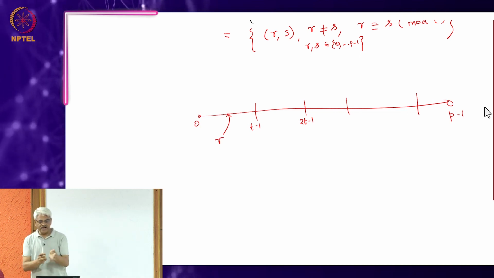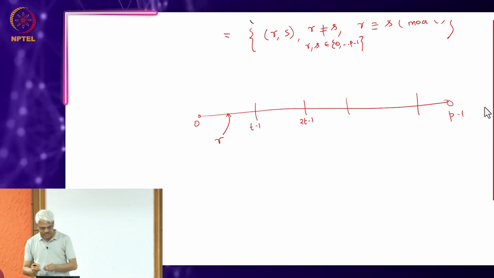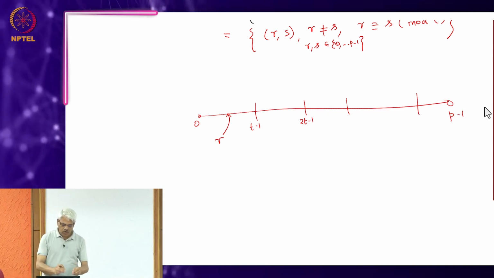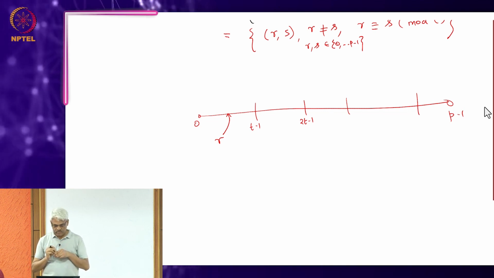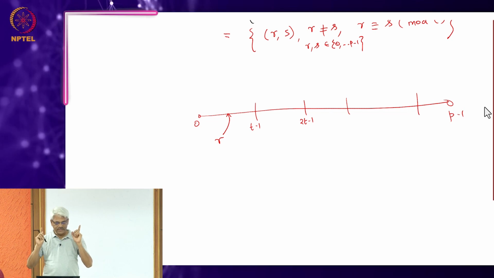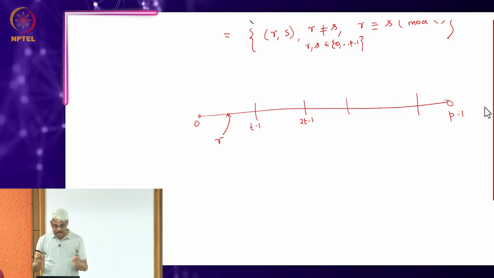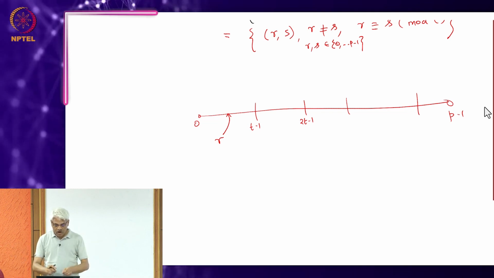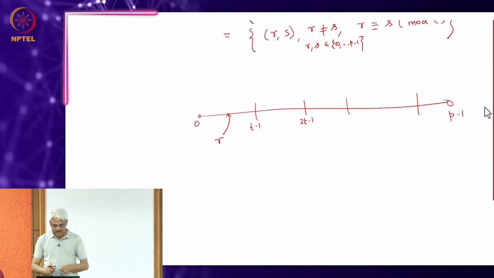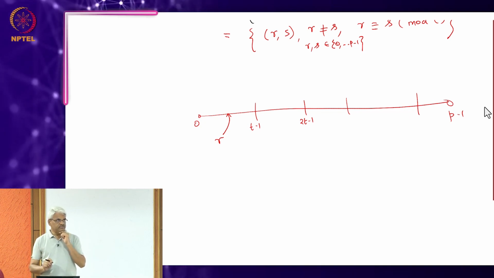Let us fix R. R has p choices, any of the 0 to p minus 1. How many S's are congruent to R? No. Let us be careful. R and S are distinct in the mod p world. How many values of S are congruent to R in the mod t world?